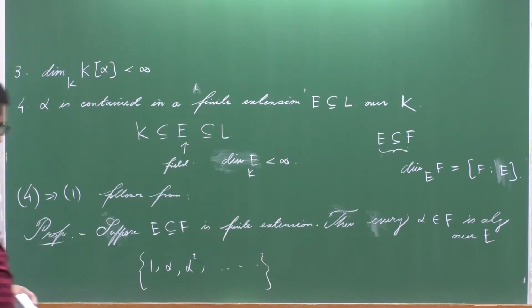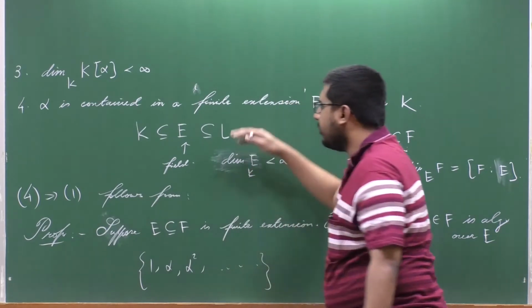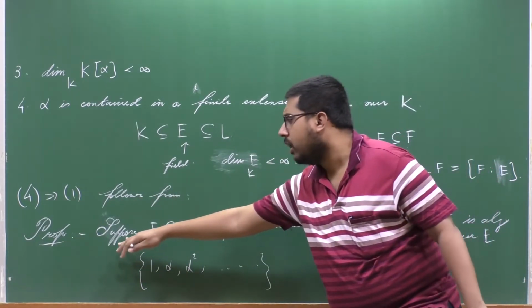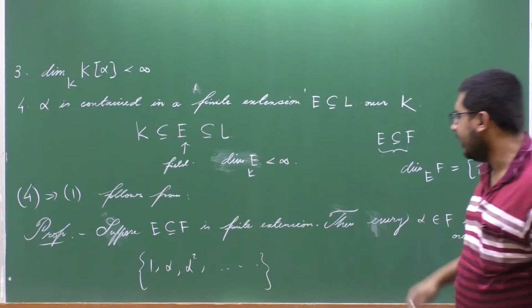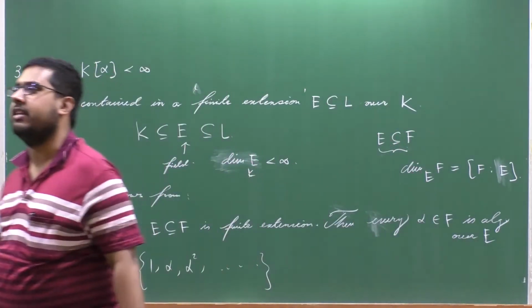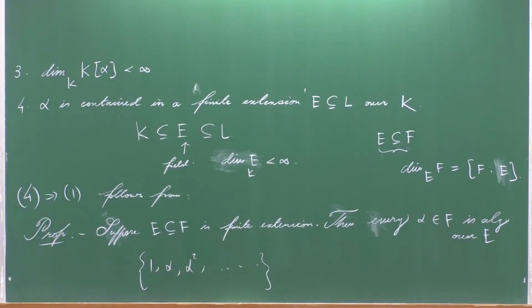So 4 implies 1 follows from a more general observation that every finite extension is algebraic. Whenever I say an extension is algebraic, that means every element of the top field is algebraic over the bottom field.